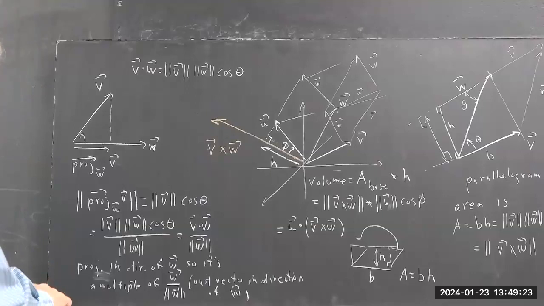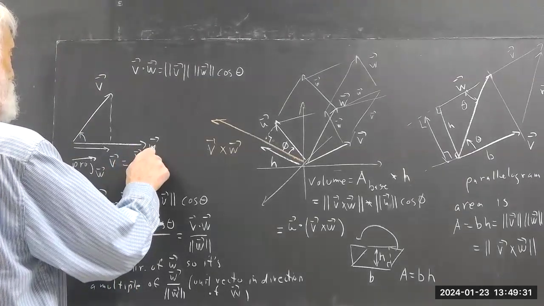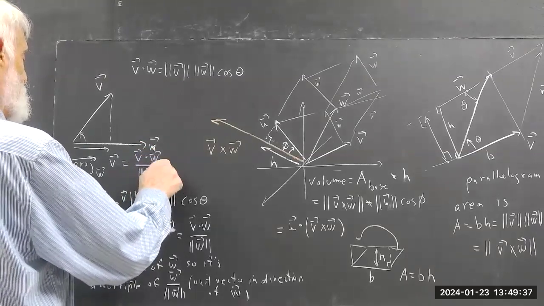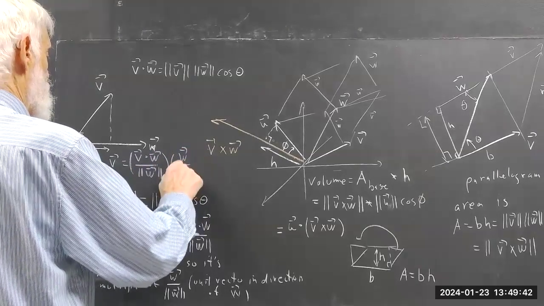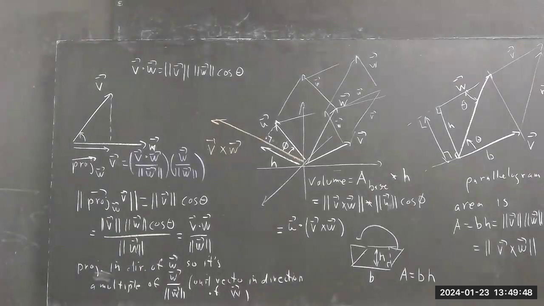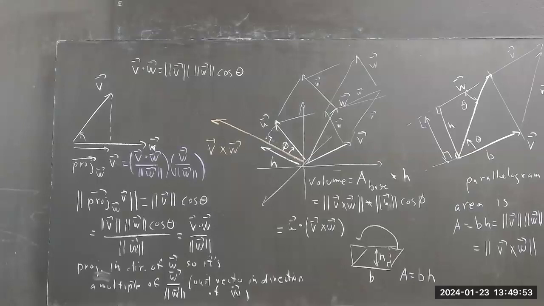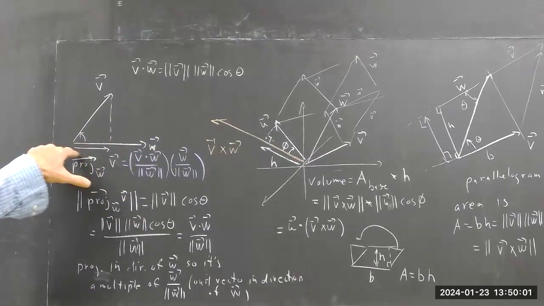So the upshot of all this is this vector equals the magnitude, the length of this vector, multiplied by the unit vector, which gives you a vector in the direction of W, and its length has to be equal to this side of the triangle.